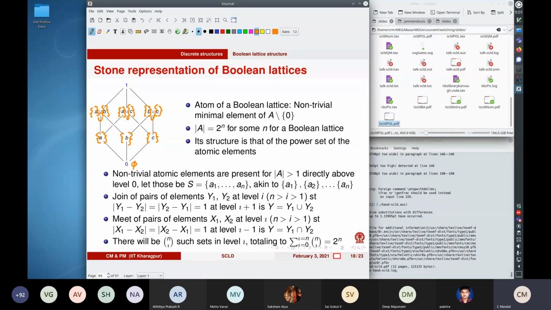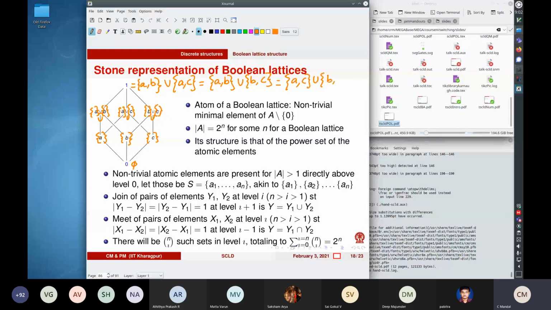You take any pair, and it turns out to be the same. So AB union AC is equal to AB union BC is equal to AC union BC.